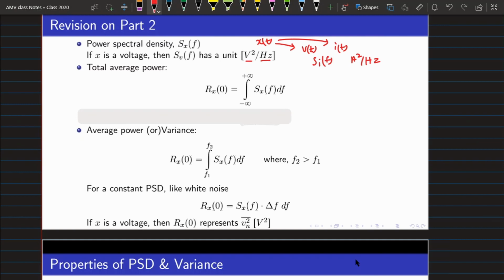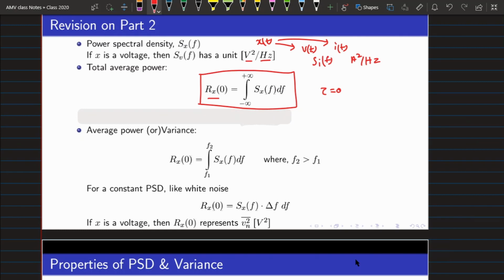We also discussed the Wiener-Khinchin theorem, which helped us convert this power spectral density into an autocorrelation function. For a noise which is a stationary random process, this autocorrelation function has a non-zero value only at tau equal to 0, due to which the autocorrelation function simplifies to this simple integral.